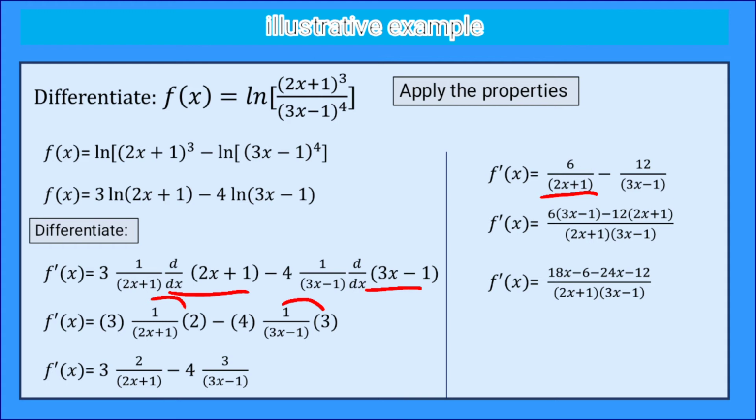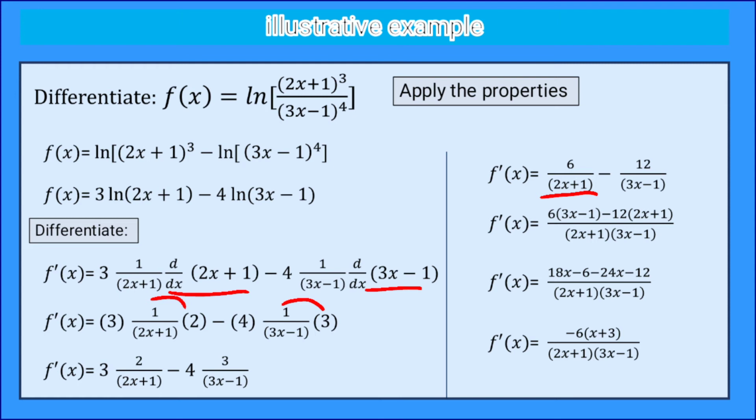So, of course, combine like terms here. 18x minus 24x is negative 6x. And then negative 6 minus 12 is negative 18. So instead of writing negative 6x minus 18, we can just write it like this to make it simpler, right?